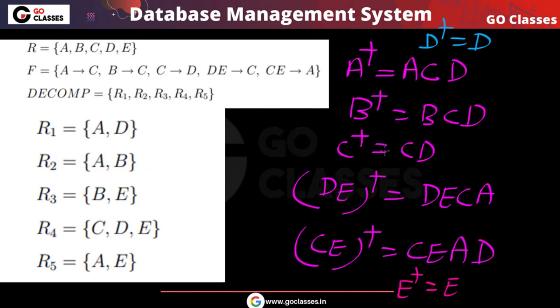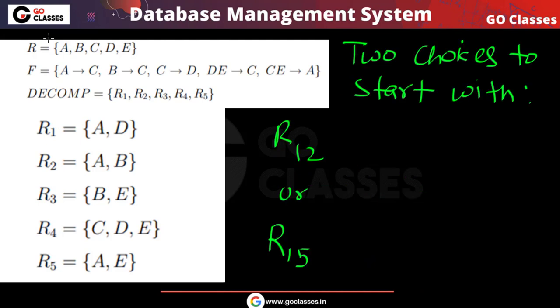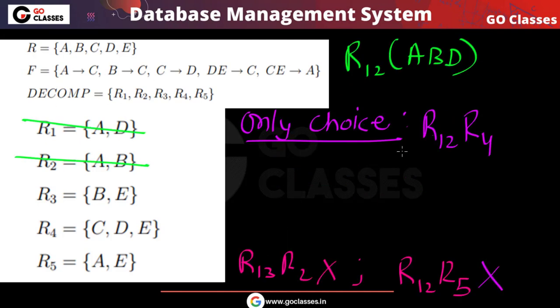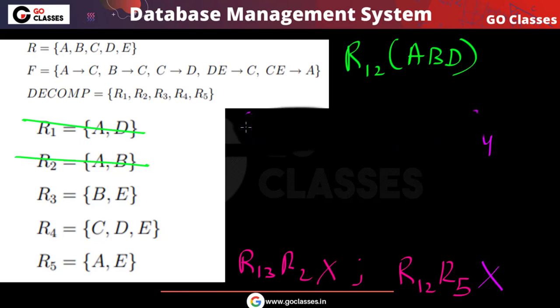D can determine only D. D cannot determine anything else. So actually, this also we cannot do. You can very easily see that this R12 we cannot combine with R4 also.